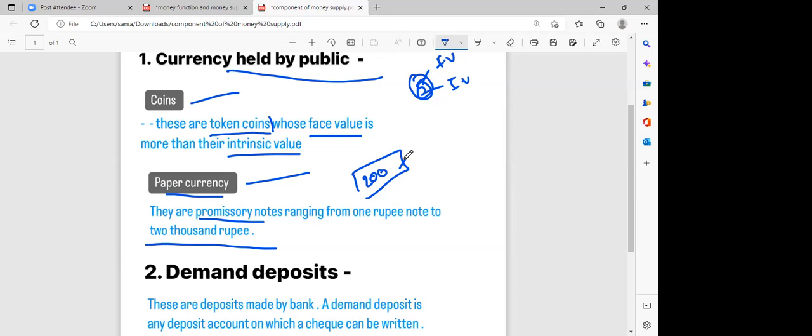You cannot purchase any product whose price is more than 200 rupees, but any product whose price is 200 or less, I promise you that you can purchase with the help of this note. Clear? That's why paper currency are promissory notes ranging from 1 rupee note. In India, the least one is the 1 rupee note and the highest one is the 2000 rupees note. Okay? Clear?